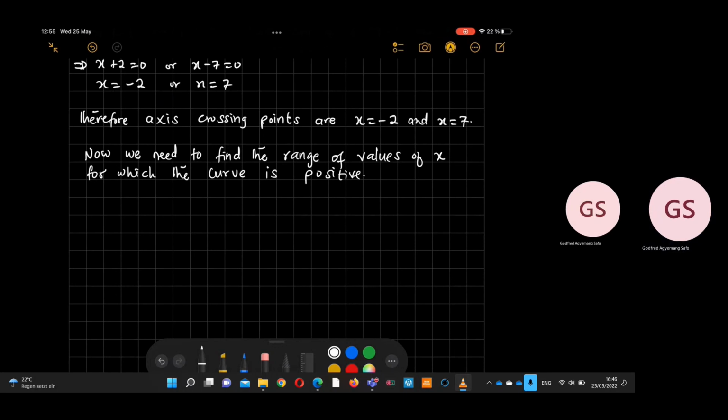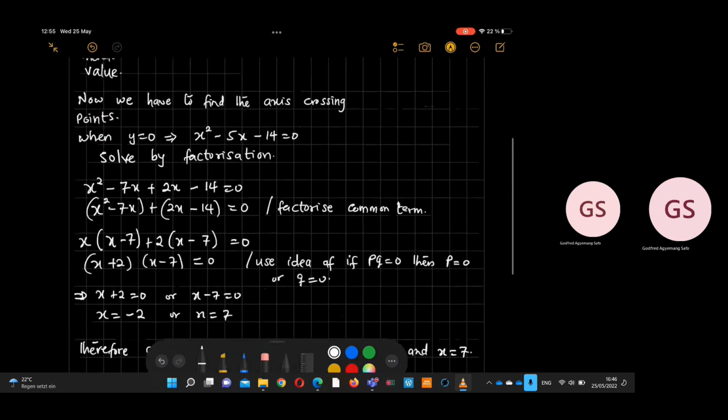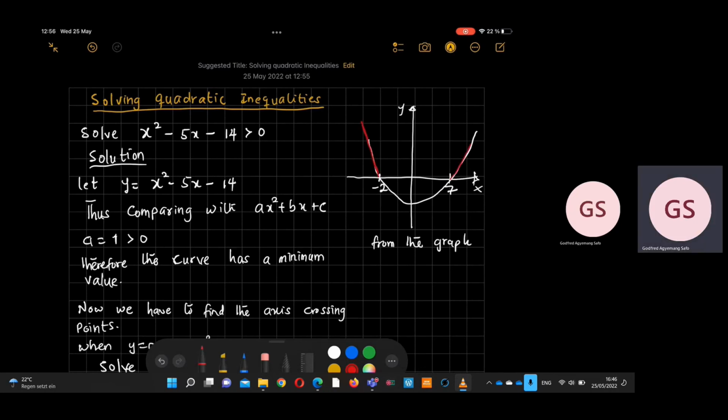Okay. So now from the graph, you can see that the curve above -2 is positive, and that of +7 is positive.